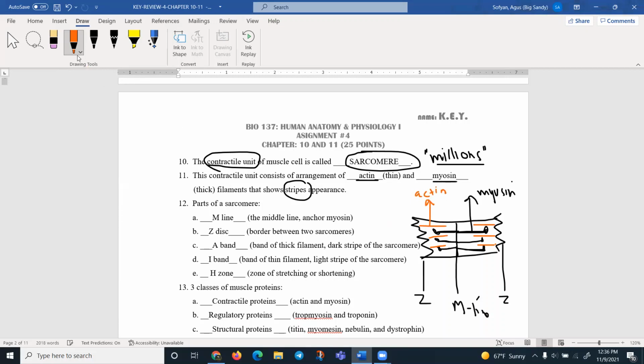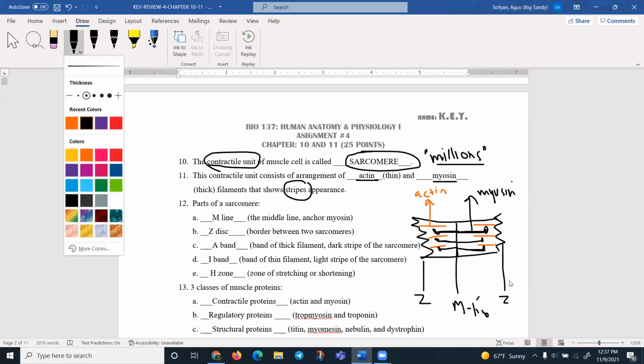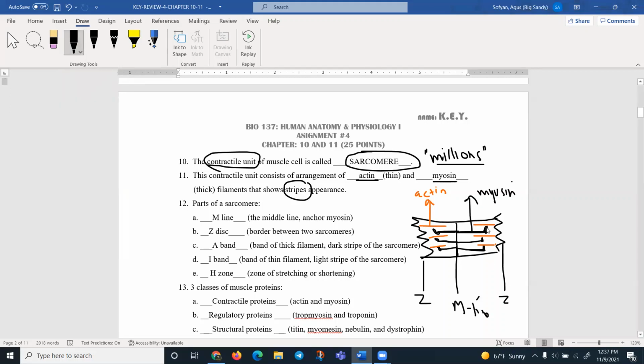And if you see this, the head of the myosin will bind to the actin. So it has a binding site to bind to the actin. Okay, the myosin head binds to the actin.